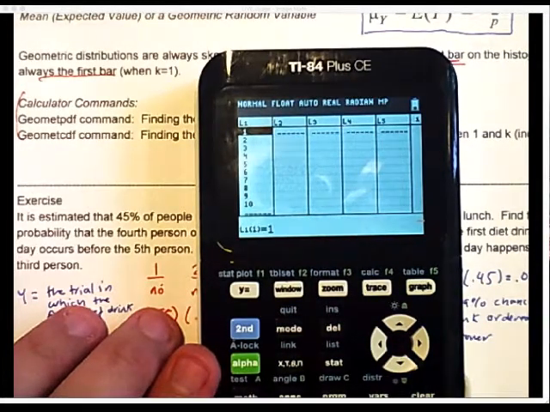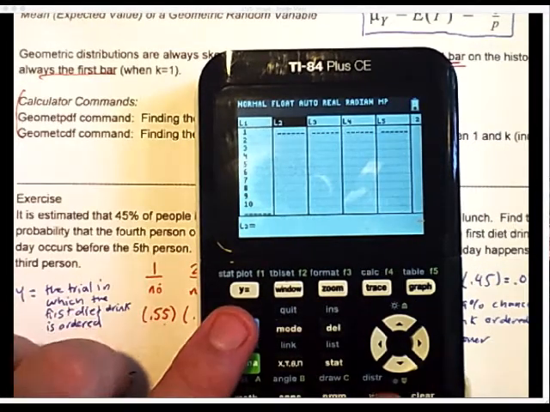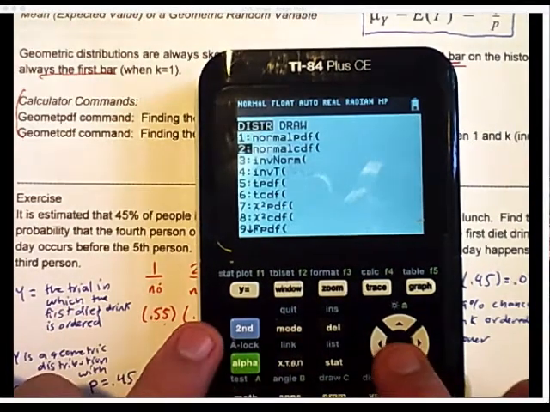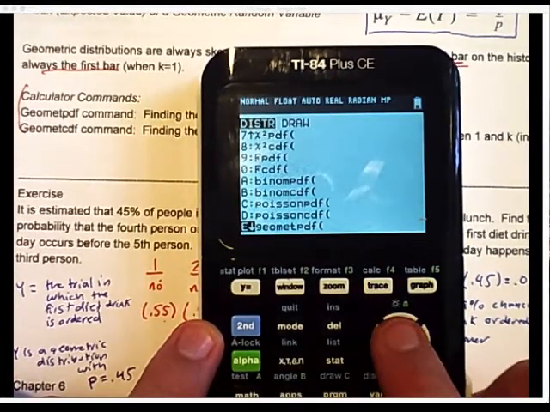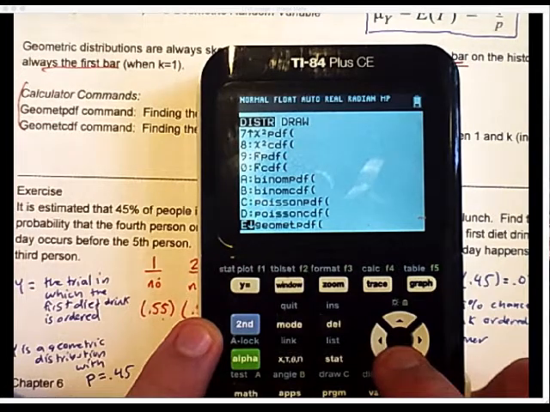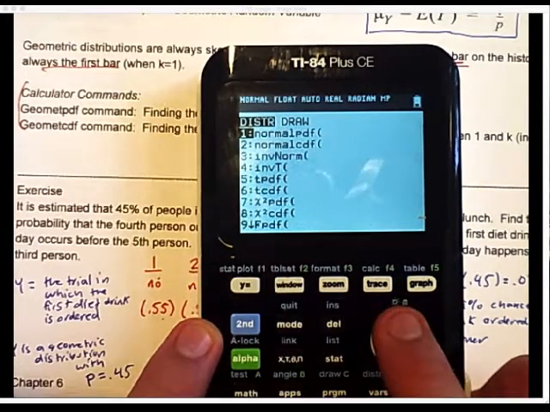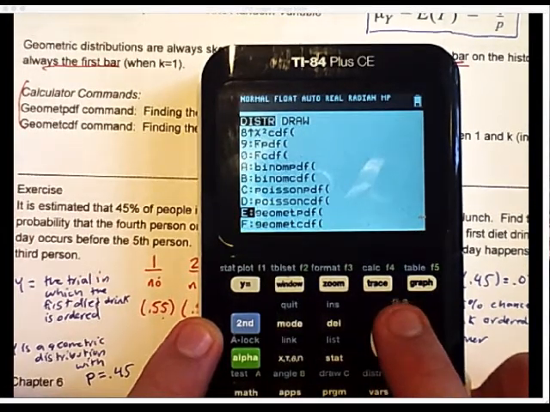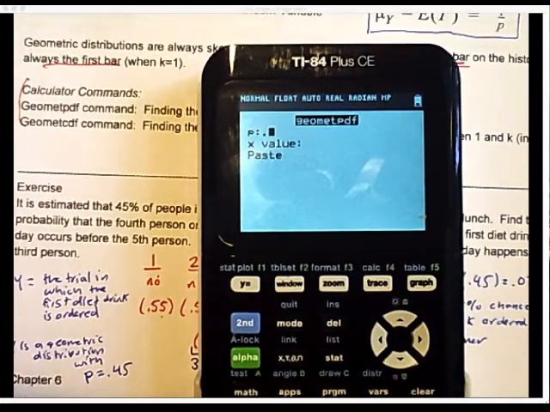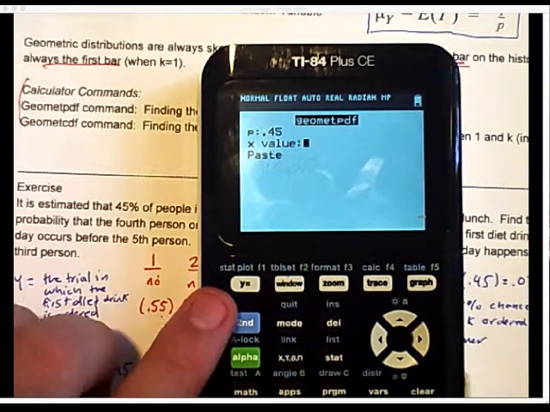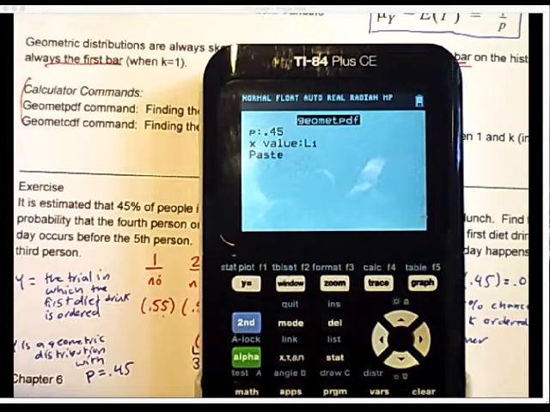So I'm just going to go 1 to 10, excuse me. All right, now how to do this in the calculator. If we go to our distributions menu, slightly underneath the binomials, you'll see geomet, which stands for geometric. So if we go geometric PDF, the probability of success is 0.45. And the x value is actually coming from list 1.